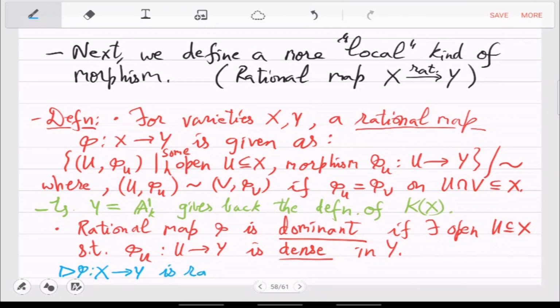So this is a rational map if and only if K_Y to K_X is a homomorphism.